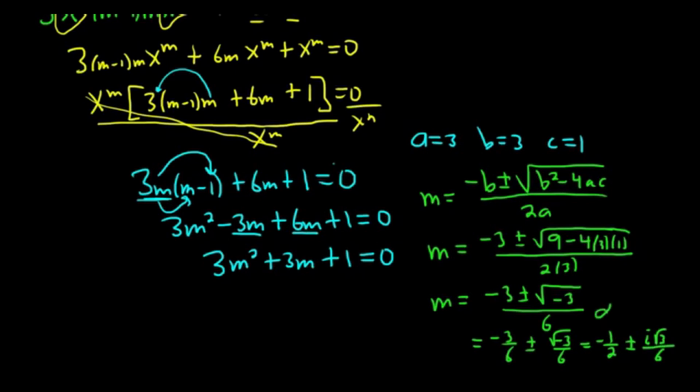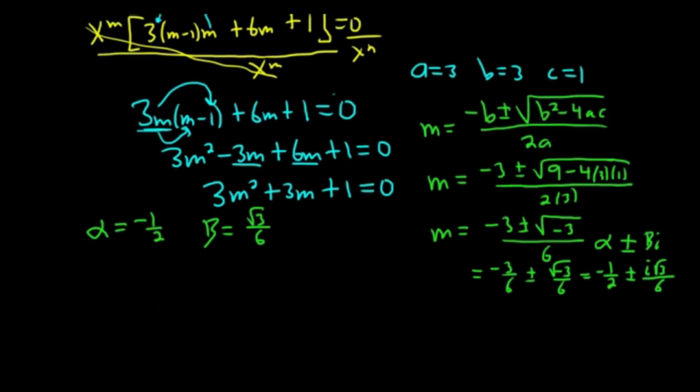So we have complex conjugate roots of the form alpha plus or minus beta i. So in this case, alpha is negative 1/2, and beta is the square root of 3 over 6. Okay, so let's go ahead and write the answer out.